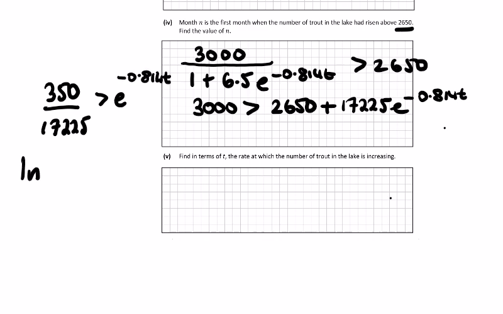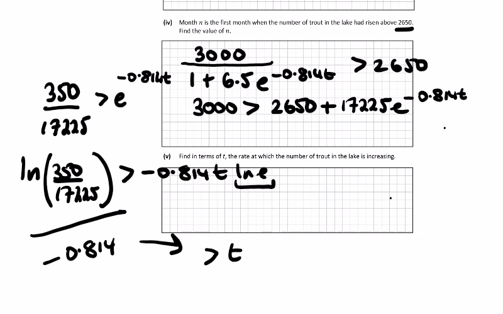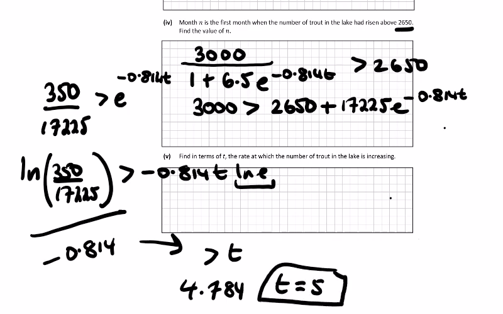If we get the natural log of both sides, the natural log of the left over 17225 will have to be greater than minus 0.814t by the natural log of e, which we know is equal to 1. So we just divide this left hand side by minus 0.814. That whole thing, just so I don't have to write it out again, will be greater than t, and this is giving me 4.784. So t will have to be equal to 5 for this part.